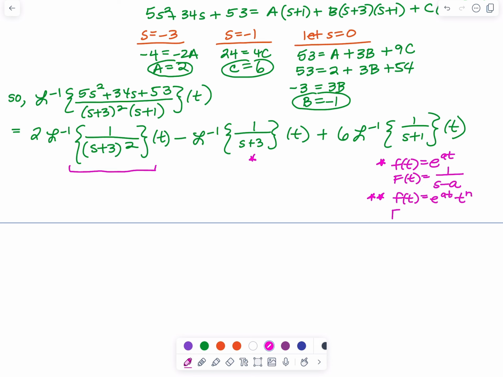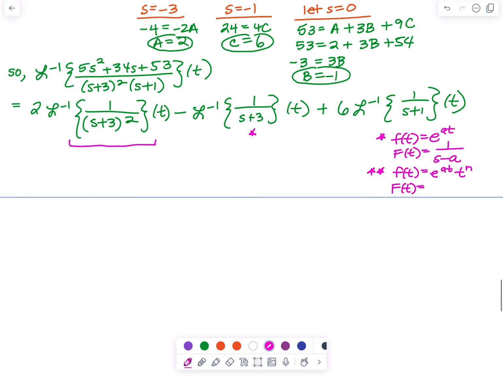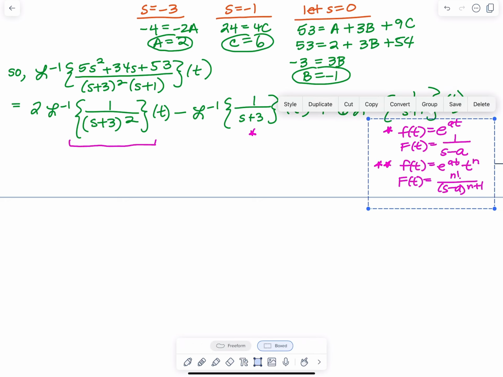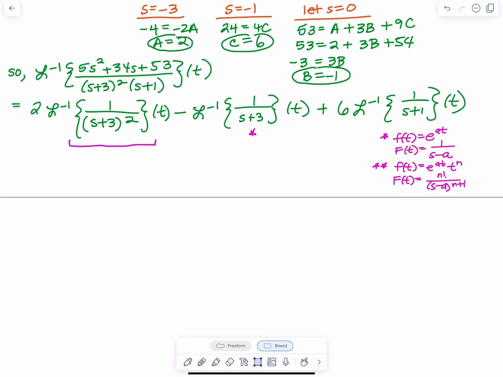And here, our Laplace transform is going to be equal to n factorial divided by (s minus a) to the n plus 1 power. So these are going to help us with both of these. And then we will need this one here. Okay, so let's give that a whirl.